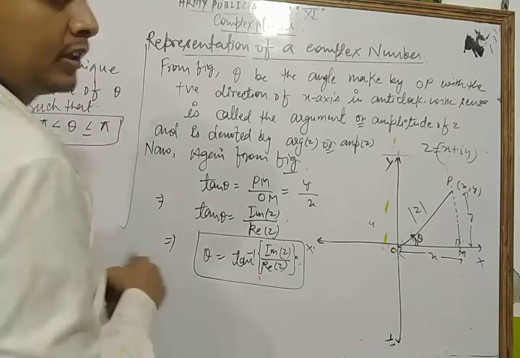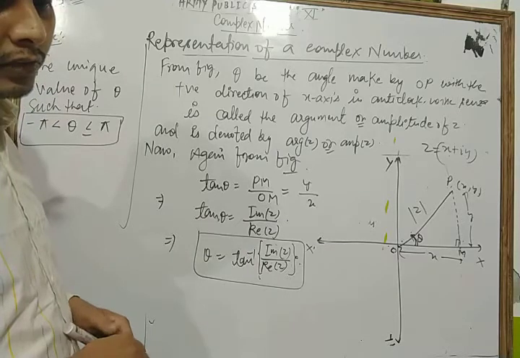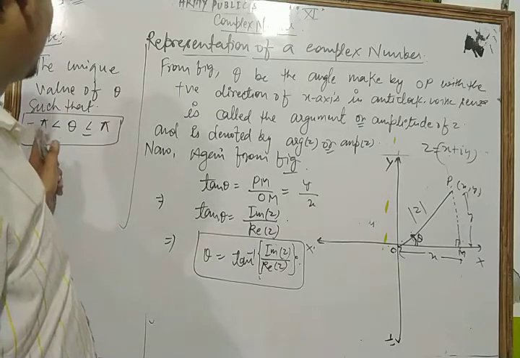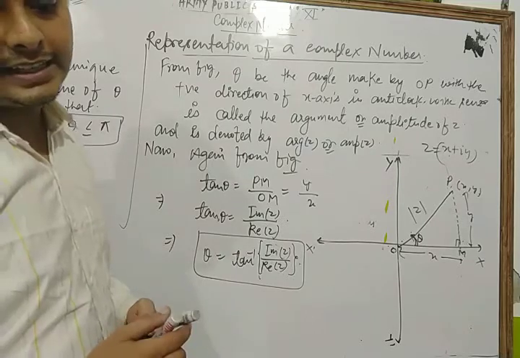This is a very important concept of the argument theta. It means theta lies between minus pi and pi, greater than minus pi but less than or equal to pi.